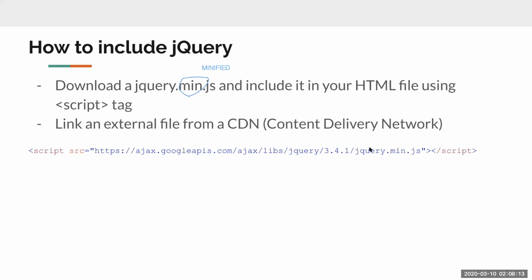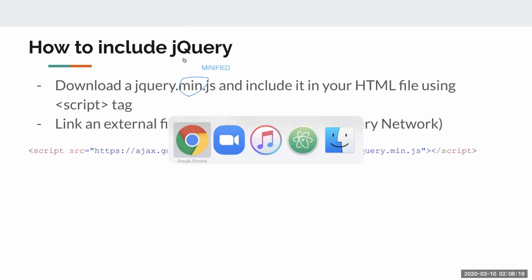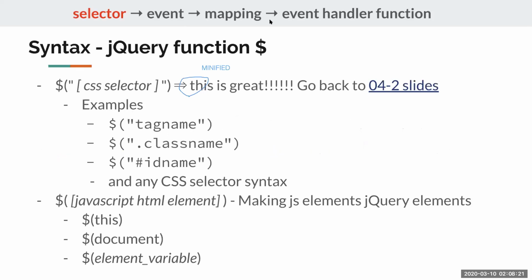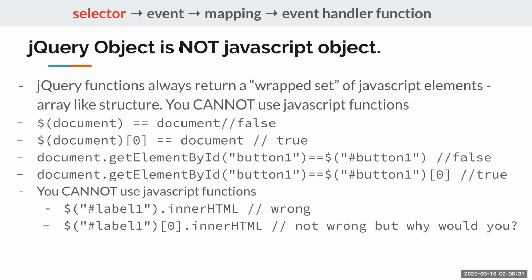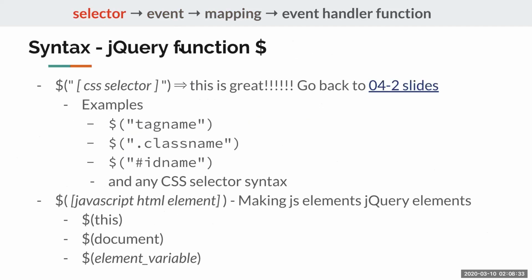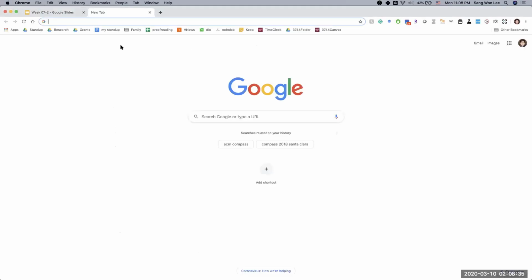So let me just look it up, for the sake of giving you an example. I would have to clear this, go back to the monitor, and then let's look at it.